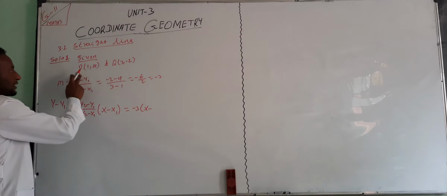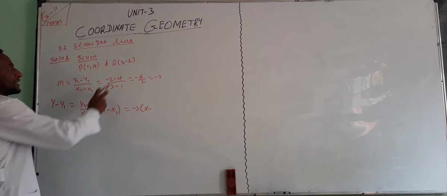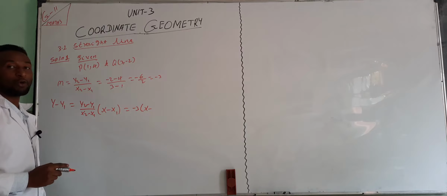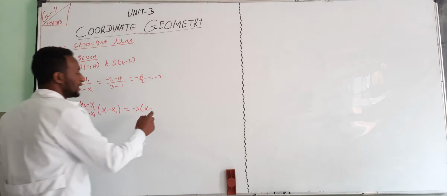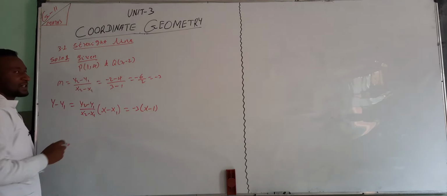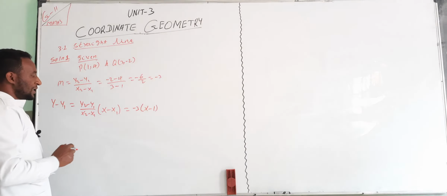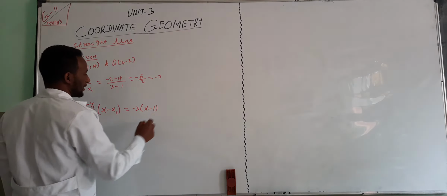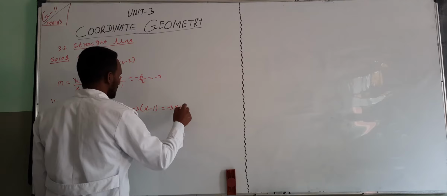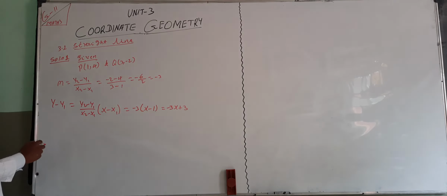When we take P as point 1, x1 means the first coordinate of point P, which is 1. Therefore, it becomes -3x plus 3. This is the equation of the line.